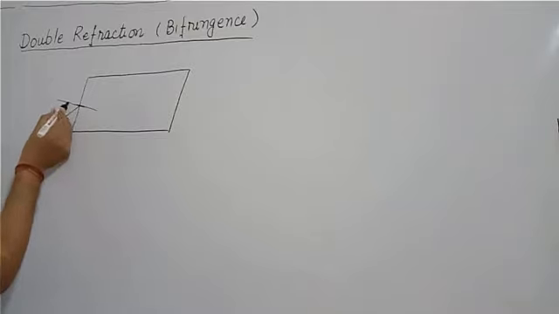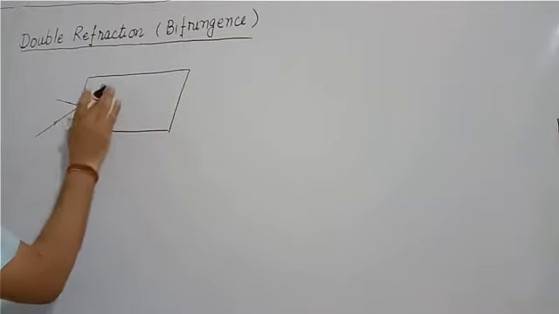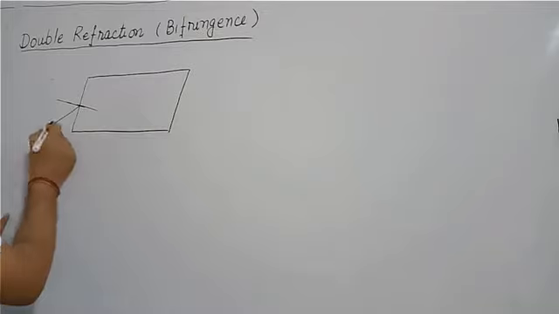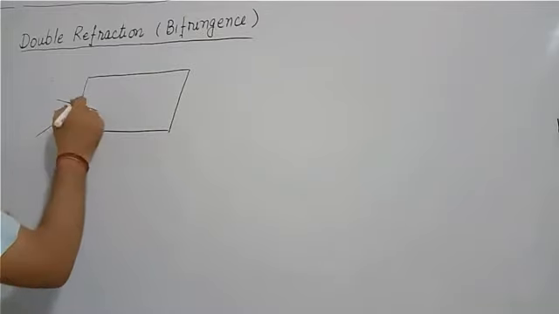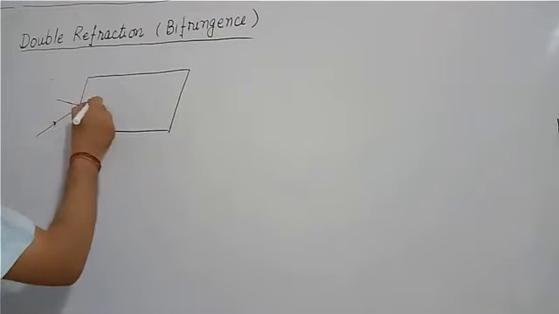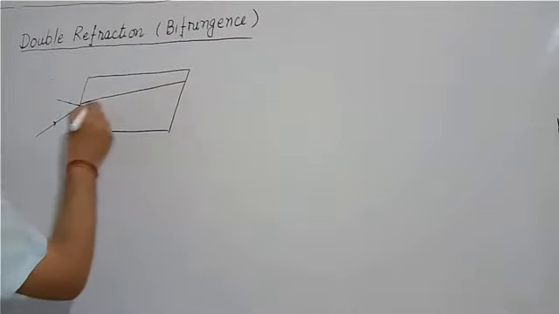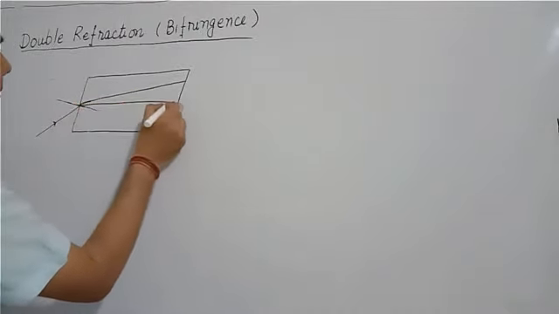This is the normal to the interface. So because this is a doubly refracting crystal, for this one incident light, we will have two refracted rays. One will move like this, another will move like this.